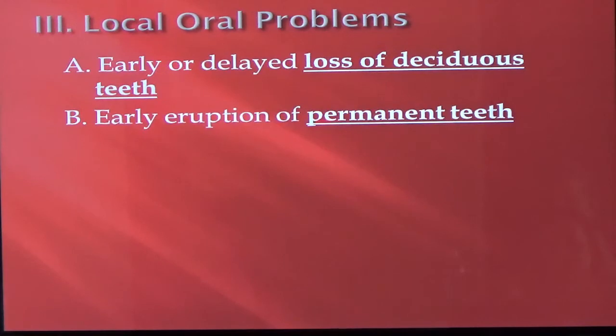So this is not as common, the early eruption of permanent teeth, but I have seen it where the canine is ahead of the premolars, and normally your premolars should be ahead of your canine, or you get your 6-year molar in early.